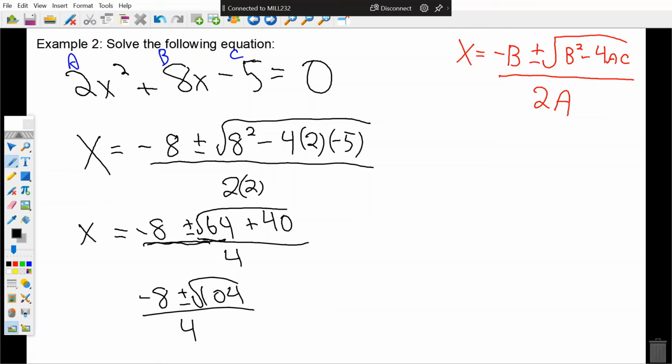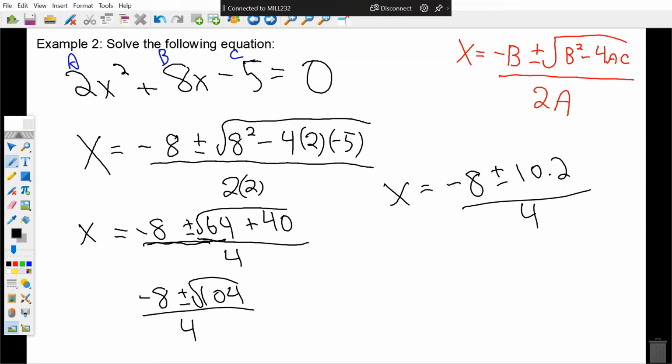Because we're just looking for the x-intercepts, we will take the square root of 104, which is 10.198. Why don't we simplify that to 10.2? So now I've got x equals -8 plus or minus 10.2 over 4.